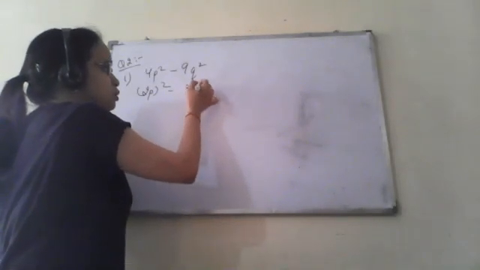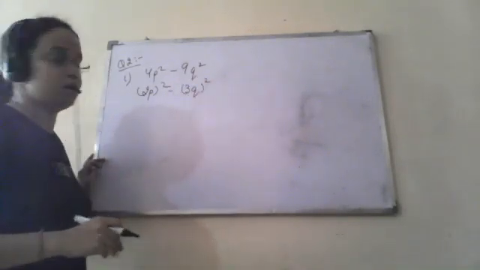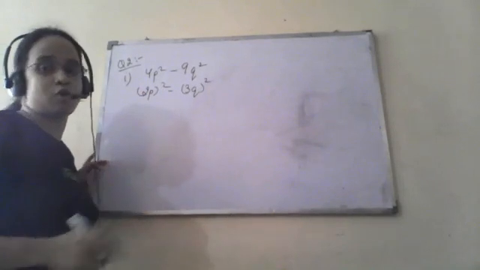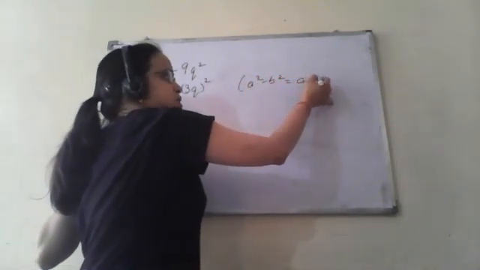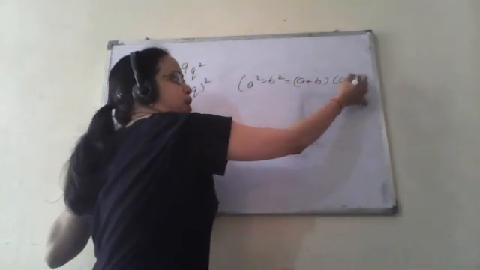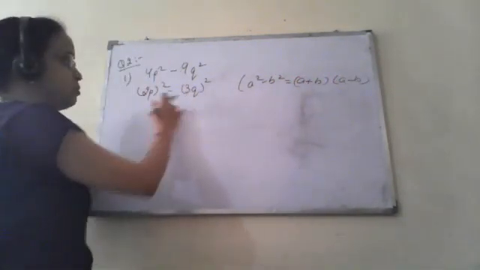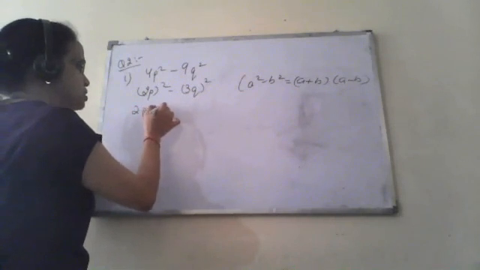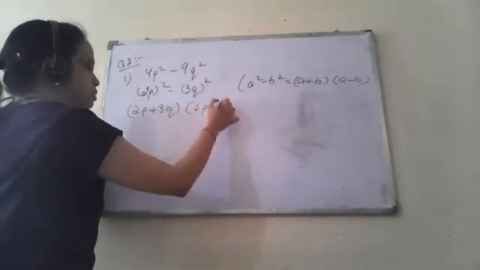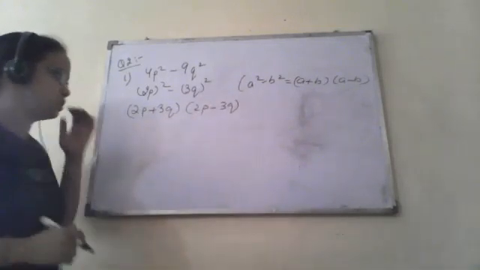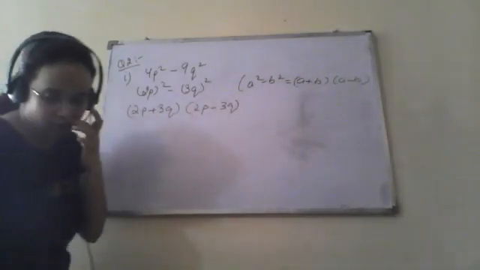This can be written as 3q whole square. Now we have a square minus b square. What was a square minus b square? It was a plus b into a minus b. So what is a plus b? That is 2p plus 3q into 2p minus 3q. So this we have to factorize.